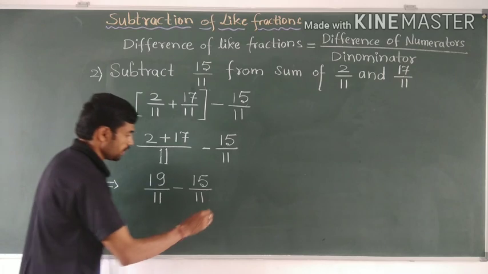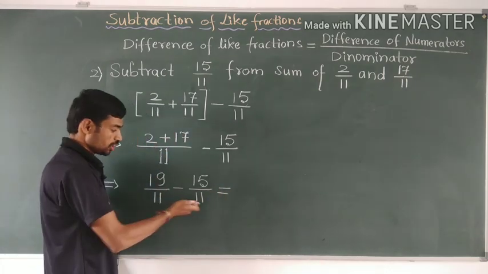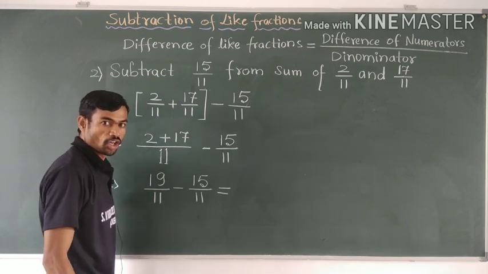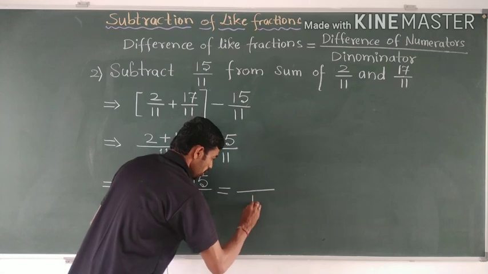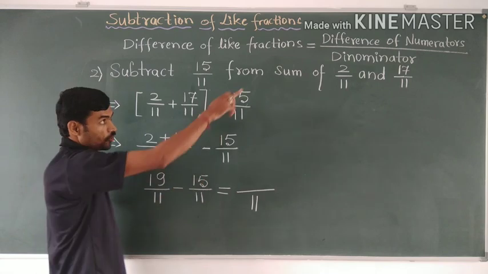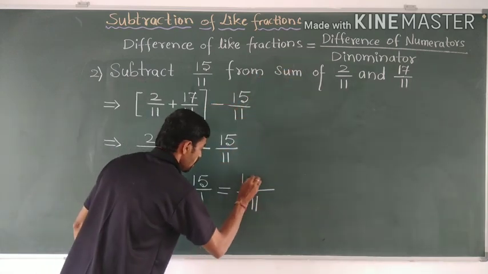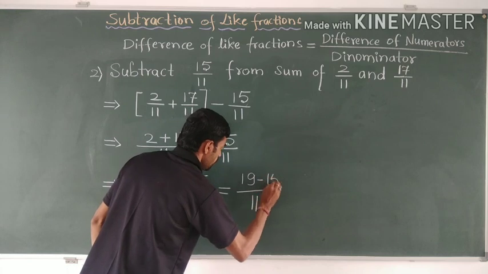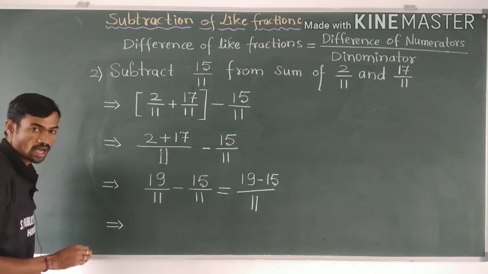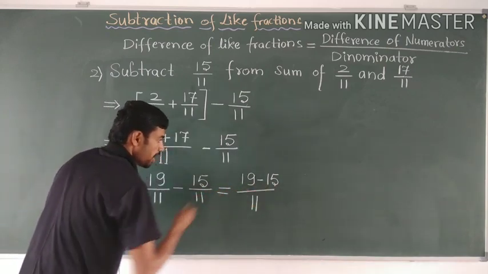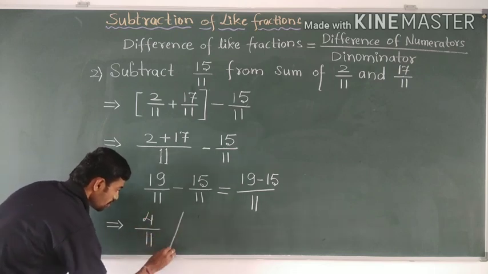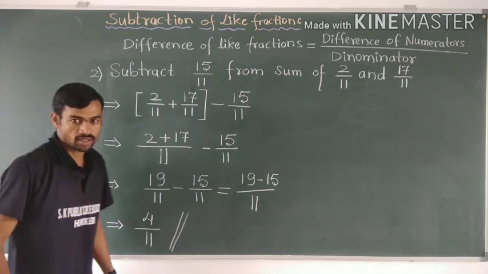Both fractions are like fractions with the same common denominator, so we keep the denominator as it is and take the difference of numerators, 19 minus 15, which is 4. So the answer is 4 by 11.